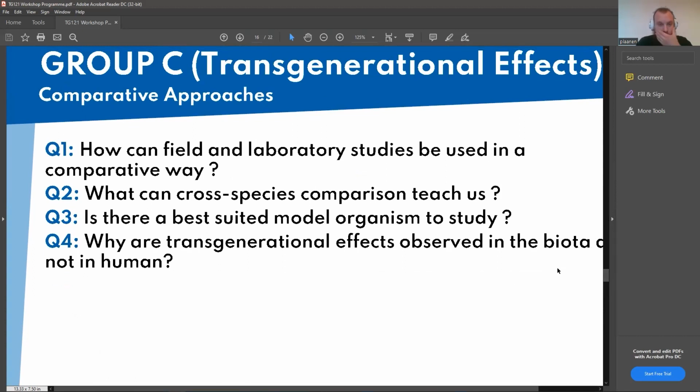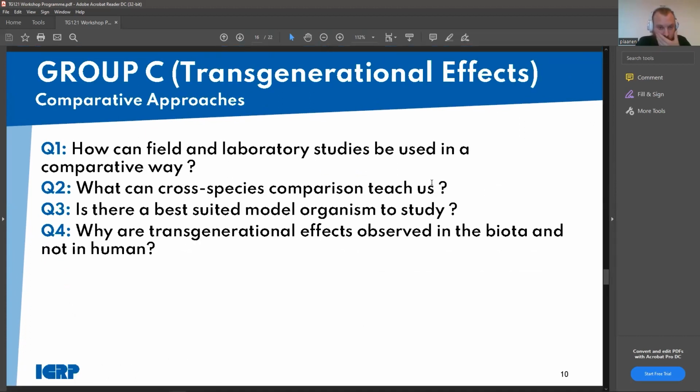So we have proposed those questions, but of course there may be other interesting ones. Well, we were already answering this question. Yeah, I think the cross-species comparison is very interesting, and also something that we talked about a lot in the AOP working group on reproduction.